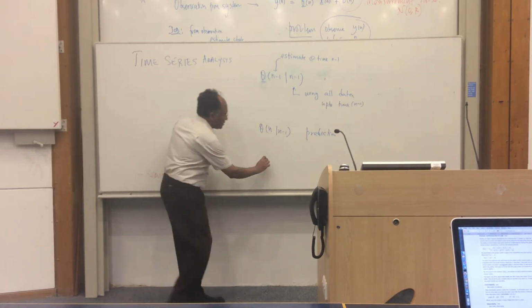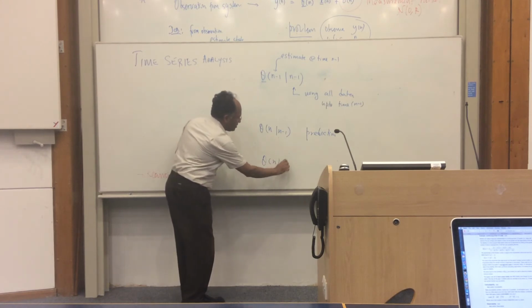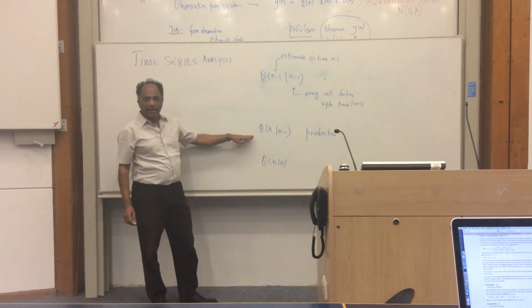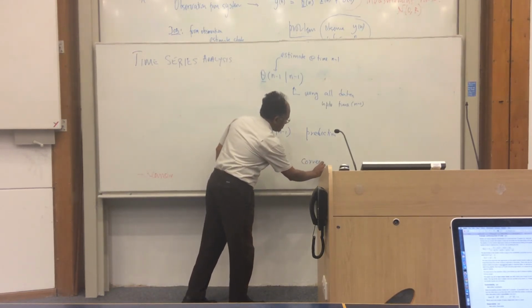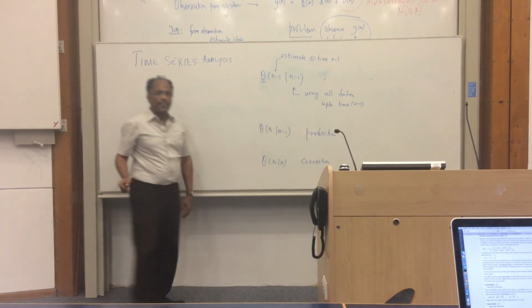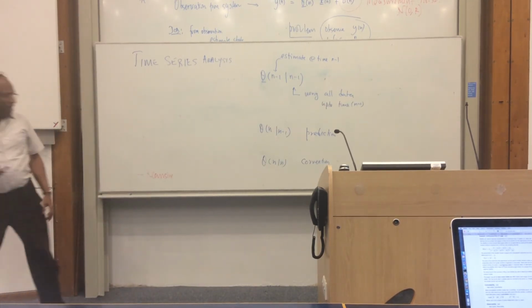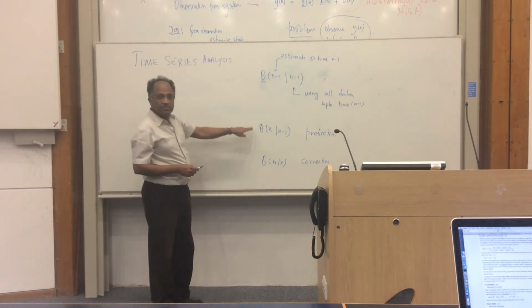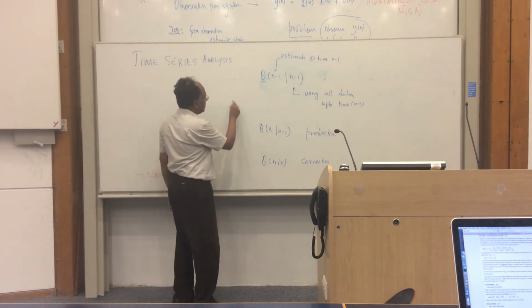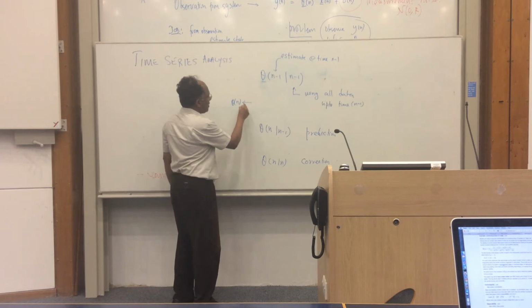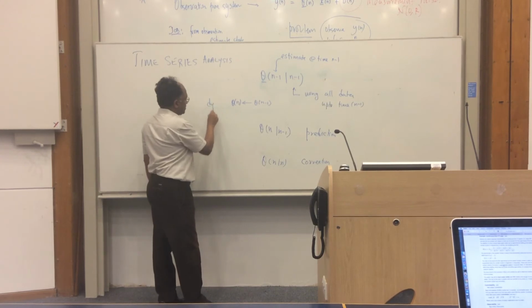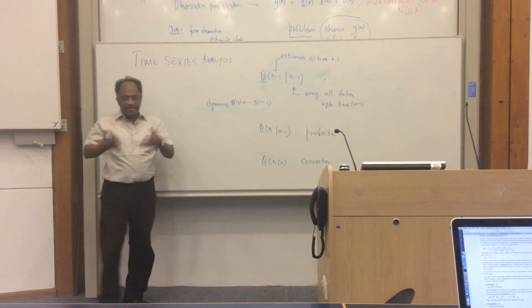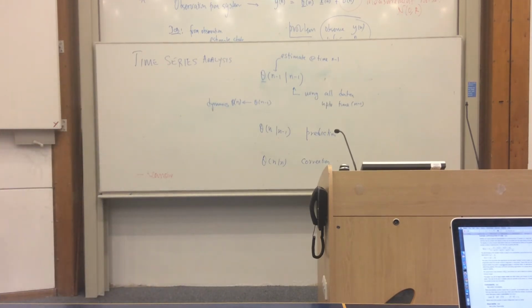And if I went from here to theta n given n, the step that I have performed is something I would call a correction. And in order to do this one, I need to know how theta n is derived from theta n minus 1. It's the dynamics of the state. I can use this knowledge of the system, how the thing is changing, in order to make a prediction.